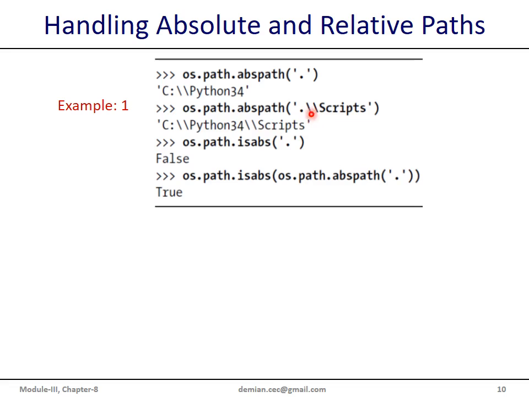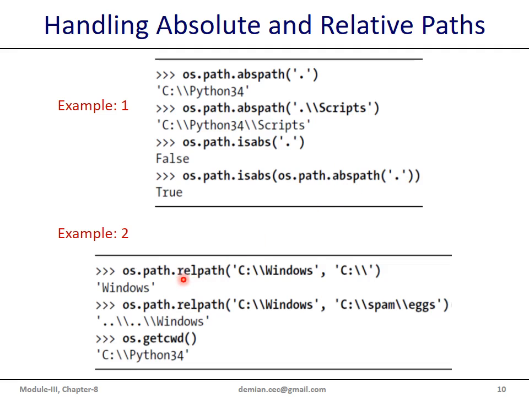And if you use the argument for isabs as a string, this returns false. This should be a path. And if we replace this with the absolute path of dot, the absolute path of dot is this, then it returns true, because the dot is a relative path and this function will generate the absolute path.